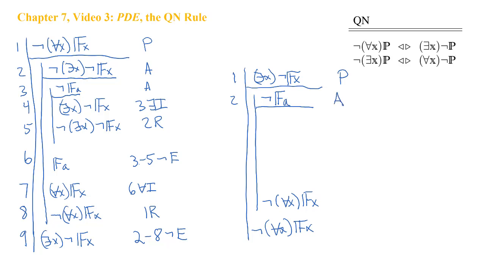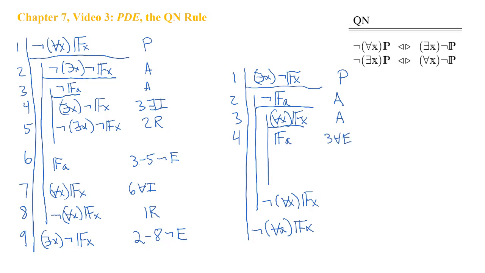Now what do we do? Well, notice that our immediate subgoal here has a hook as the main operator. So a good thing to try would be a hook introduction. That is, assume all x fx as an inner subderivation and see if we can get a contradiction. And actually it's pretty easy to get a contradiction out of that. From 3, by universal elimination, we can get fa.